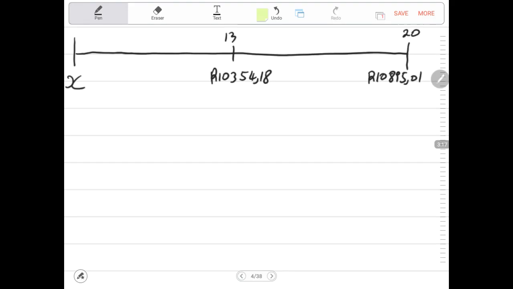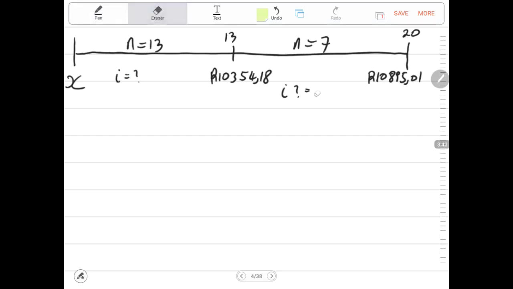We know that from month 14 to month 20, that will be 20 minus 13. That means for the second time our N was 7. Our N is 7. The first time, our N is equal to 13. Our I is a question mark, and also our I here is still a question mark.